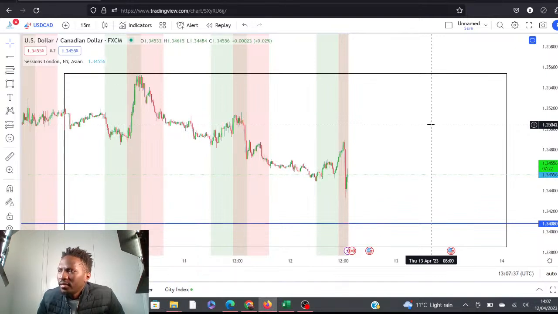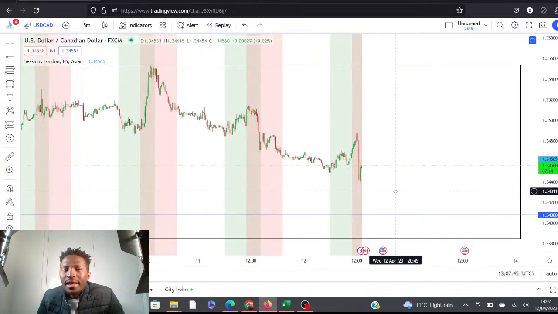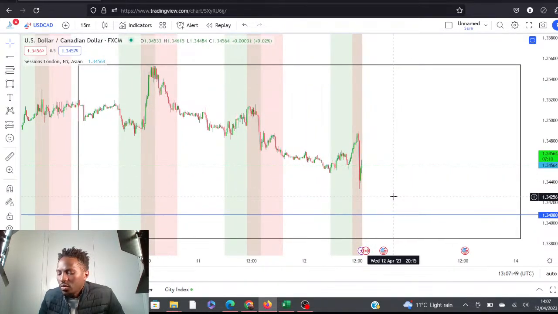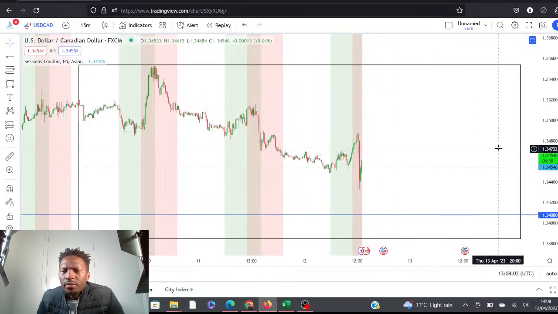If we do spike down, no one can tell you exactly by how many pips, because once the interest rate decision comes out, it just depends on how traders interpret it. It can spike down by 100 pips, 150 pips before we get a complete reversal, or just 50 pips. There's no telling how low it's going to go.